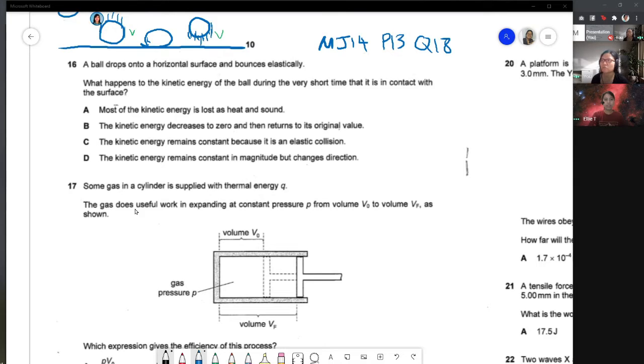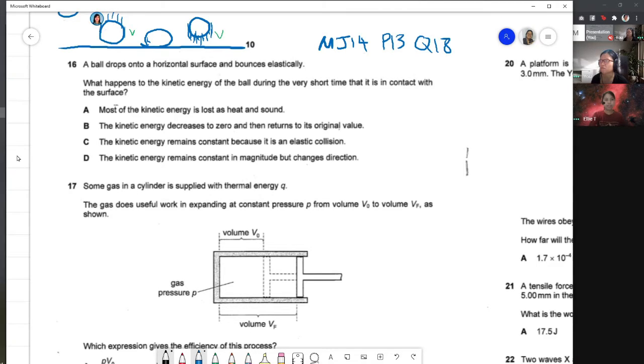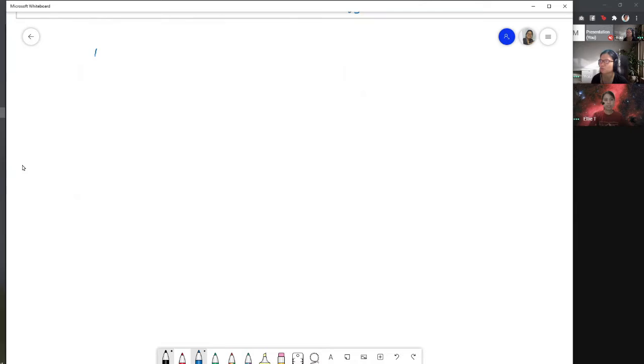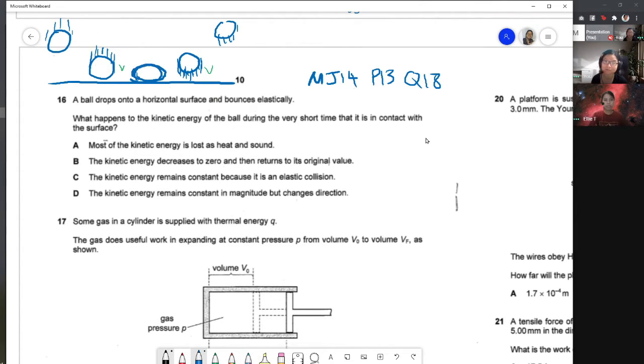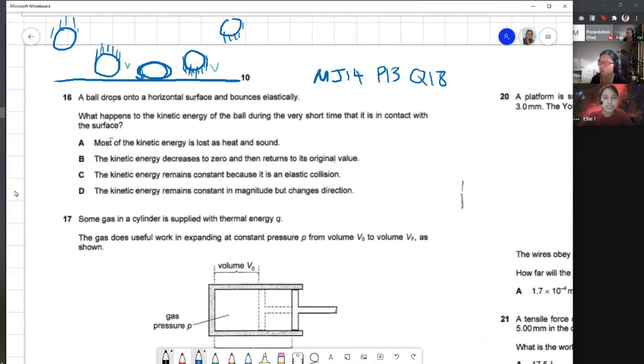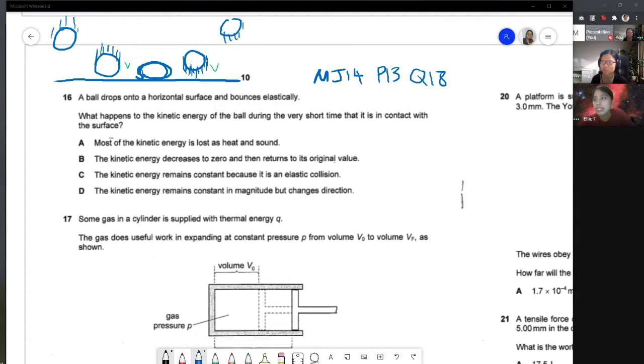It stopped moving because the kinetic energy converts to elastic potential energy, due to the deformation of the ball. So the kinetic energy is going to decrease to zero and then return to its original value. Am I thinking on the right track?